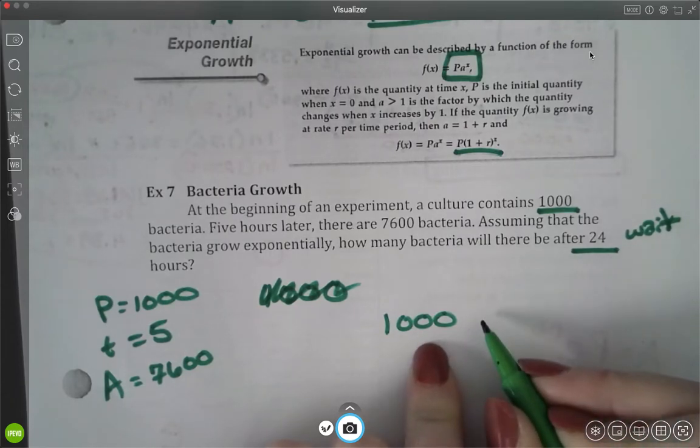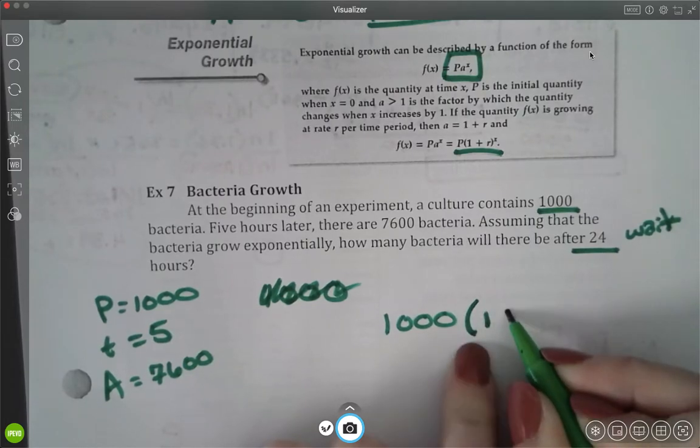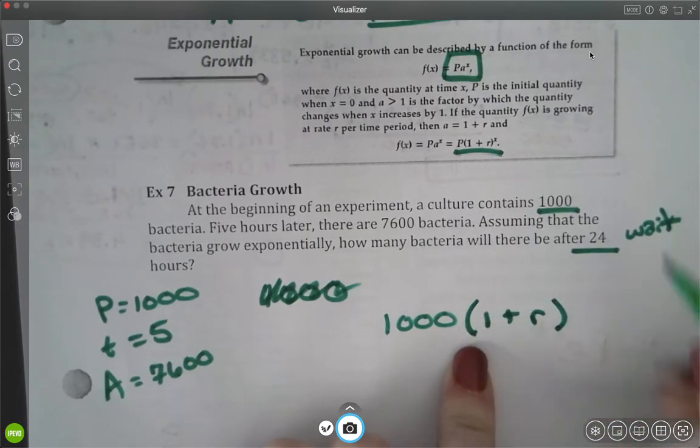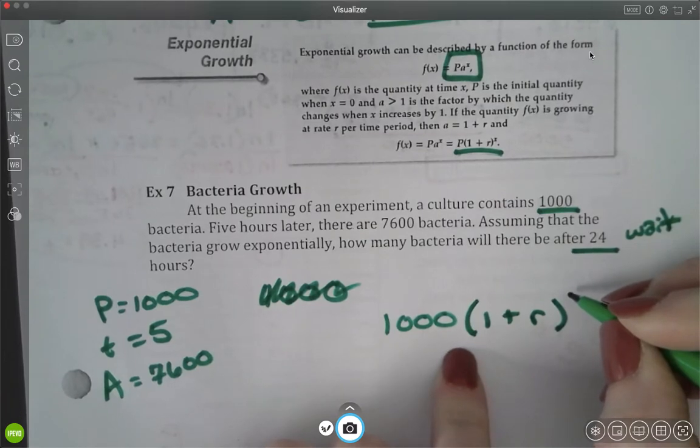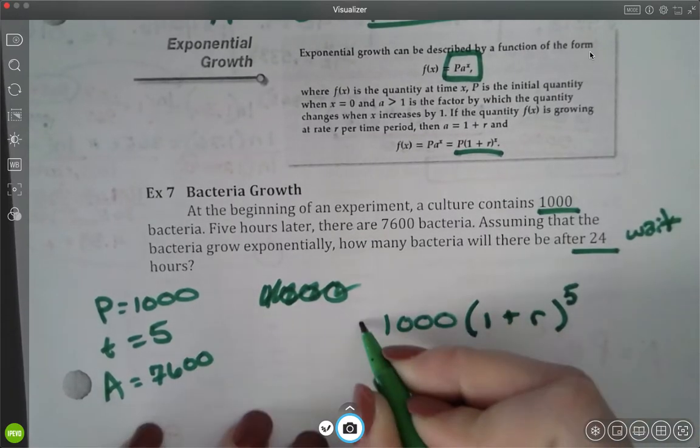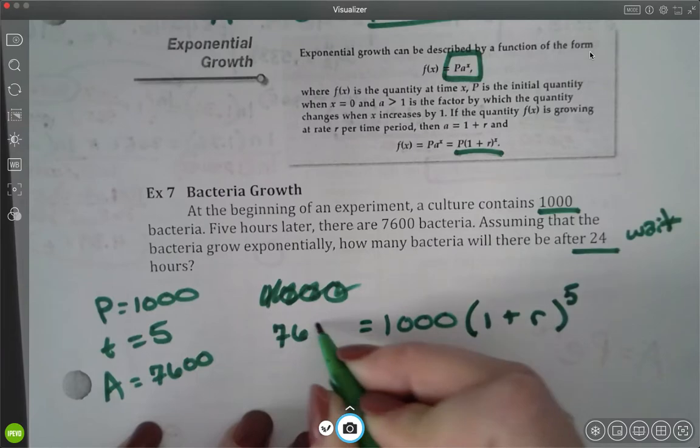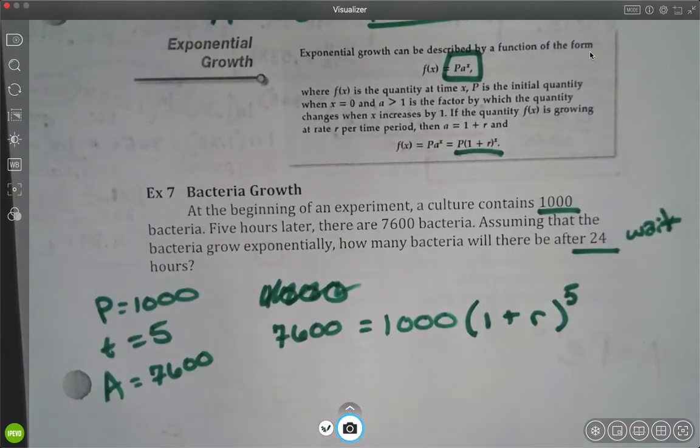Yep, let's do that. 1 plus R to the 5th power equals 7,600. There we go. Okay. So we have to find R. We don't know at what rate this bacteria is growing. That's what we need to find. Then, as soon as we found the rate at which it's growing, now we can plug in 24 hours, okay?